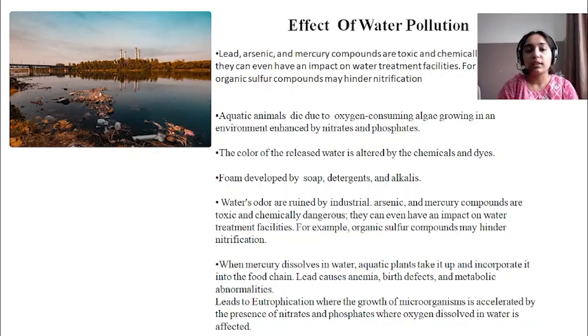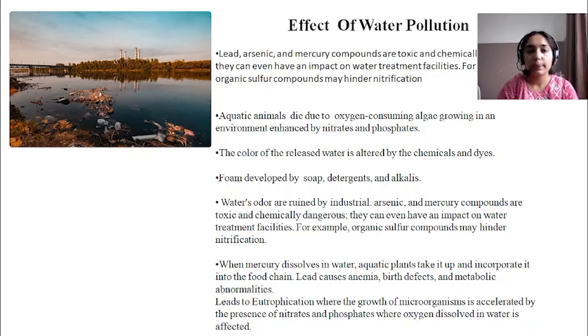Look, chemicals such as lead, arsenic, and mercury are very toxic and chemically dangerous. So they may cause a disastrous impact on the organisms which rely on the water. For example, organic sulfur compounds may hinder nitrification.